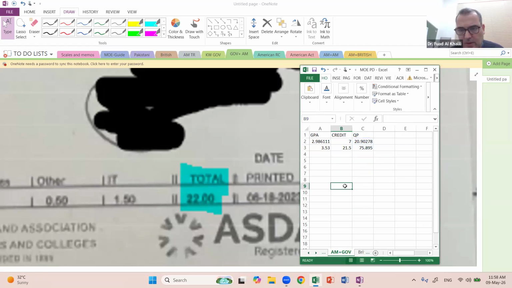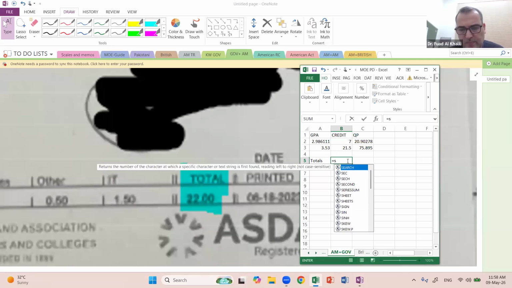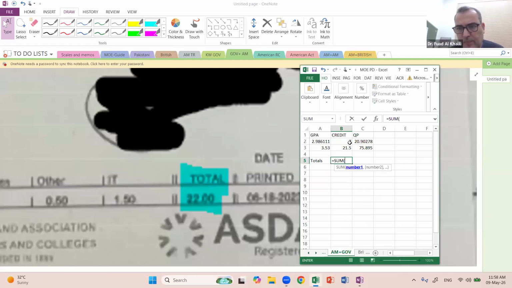Okay. Total credit. What is the total credit here? Totals, let's say totals here: 28.5. I'll take the sum. Equals sum.